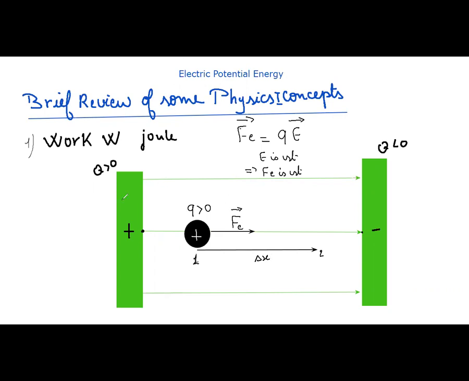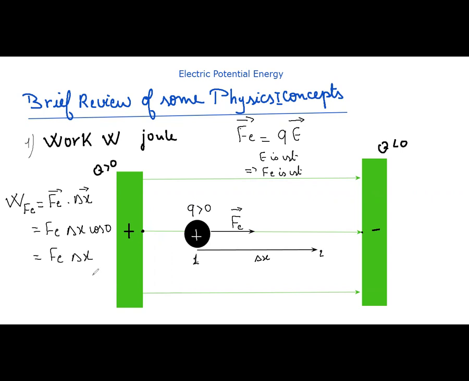In general, the work done by Fe equals Fe times the displacement. You know the angle between delta X and Fe equals 0. So here we have Fe delta X cosine 0, which is Fe delta X.